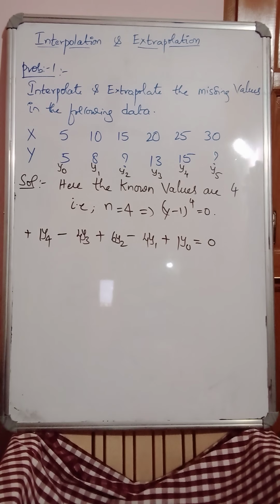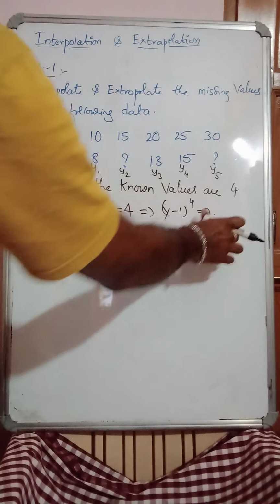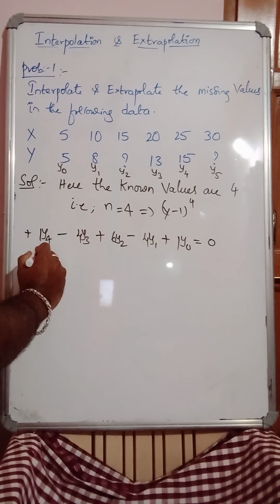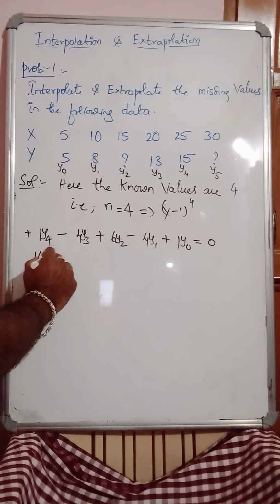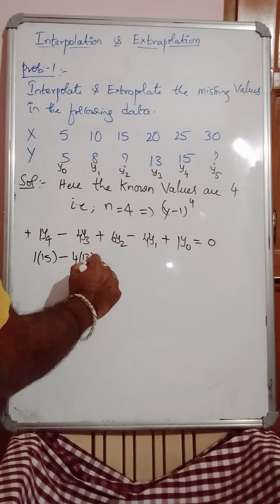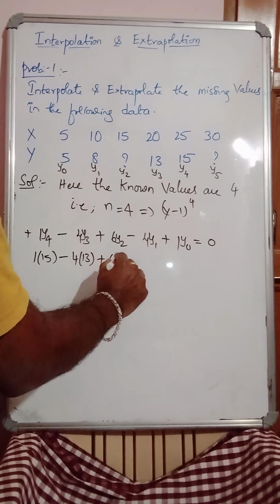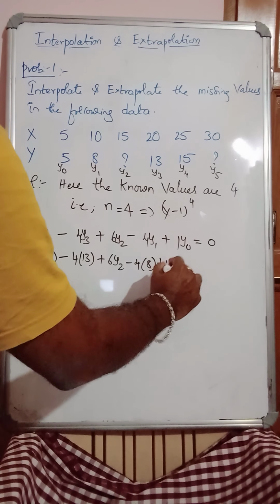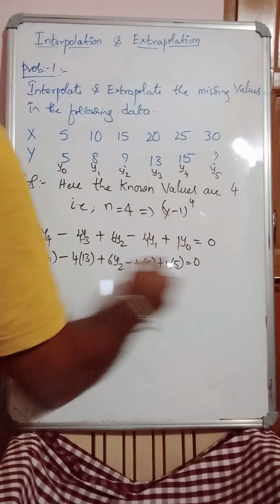Clear, guys? Right? So we have to expand this. Now substitute the values. 1 into y4 value, which is 15, minus 4 into y3, which is 13, plus 6 into y2, which remains the same, minus 4 into 8 plus 1 into 5, equated to 0.